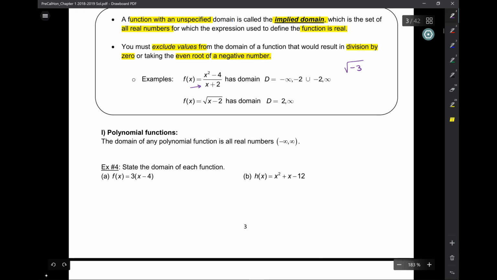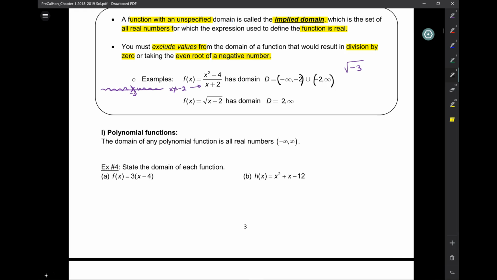So when x is what, will this denominator be 0? Negative 2. So here, x cannot be negative 2. It's all good here, and it's all good here. So its domain will be from negative infinity to negative 2, and from negative 2 to infinity.